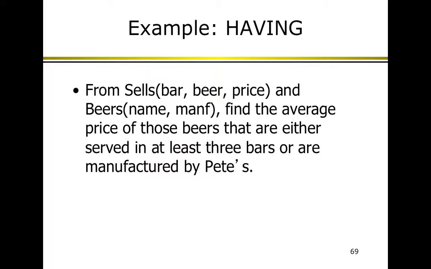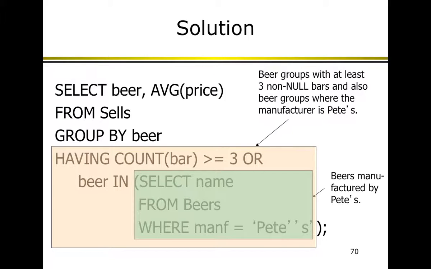So here's an example of having. From sells and beers, find the average price for those beers that are either served in at least 3 bars or manufactured by Pete's. This is the worst query you're going to see all day. It's not so bad though.